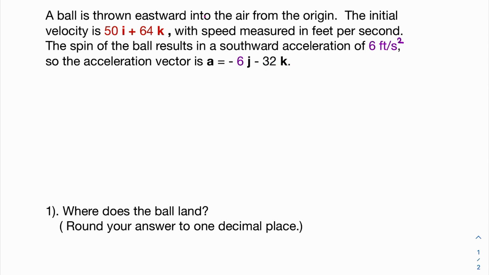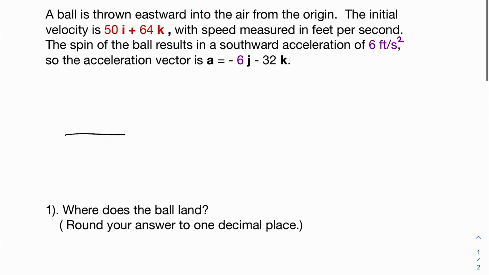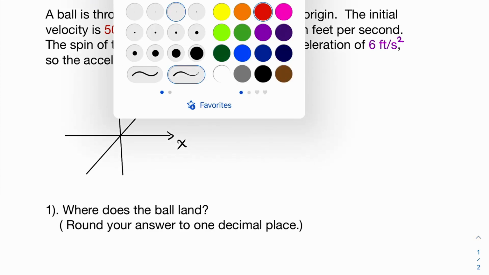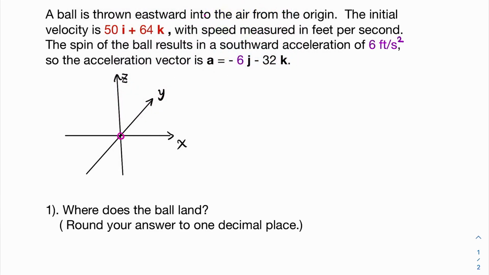So to understand this problem, let's draw some diagrams. So we have this x-axis and y-axis and the z-axis. Now the ball is thrown eastward into the air from the origin, and so the ball is over here, right at the origin.